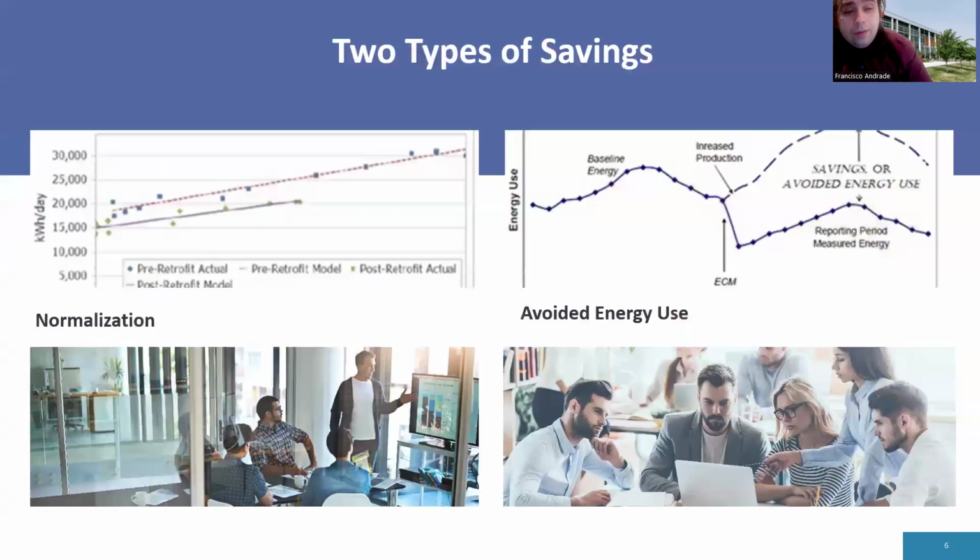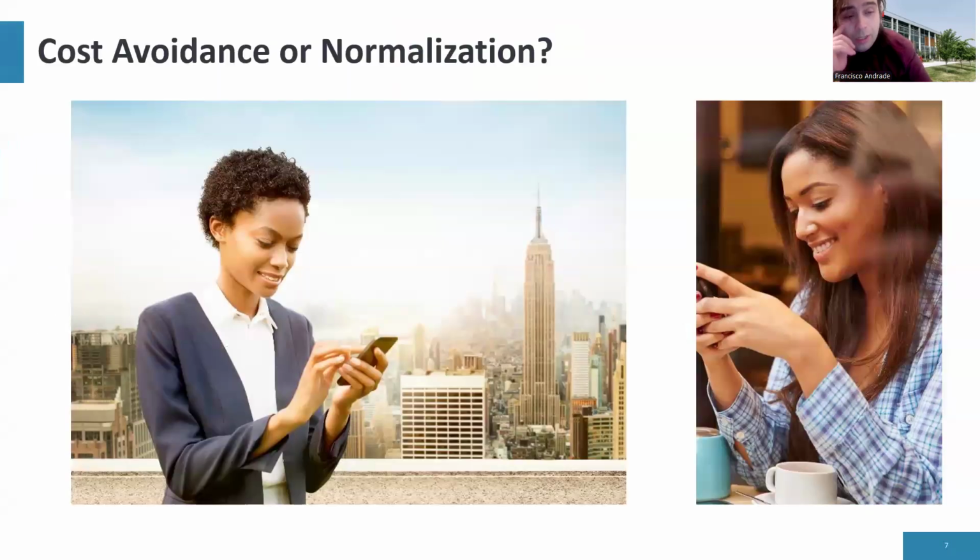And we have two types of savings: avoided energy use and normalization. Both of them use these energy models to create these lines, but they are not exactly the same thing. Cost avoidance is something that we use for a month-to-month scenario, could be for quick comparison, or a moment where we have a lack of data.